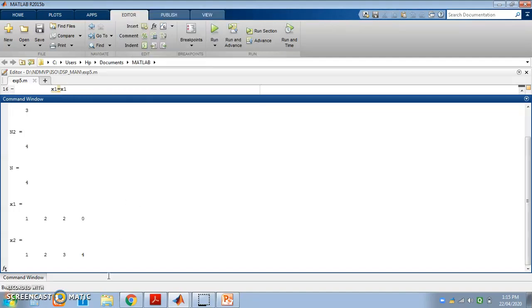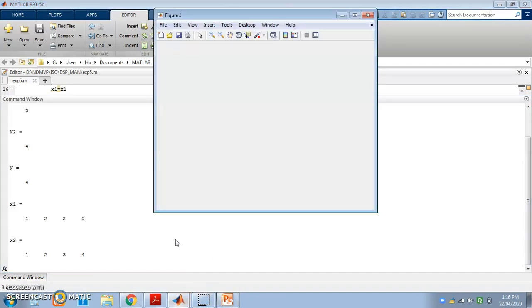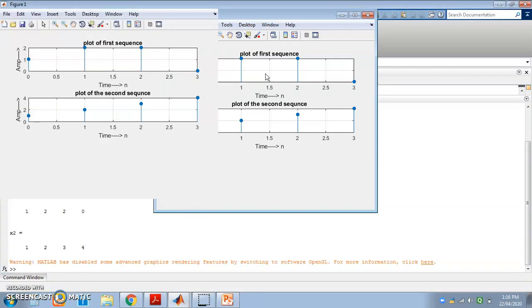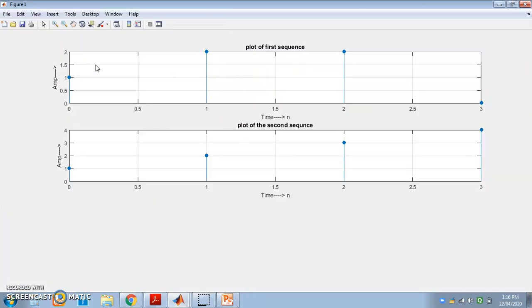The MATLAB compiler is busy, and once it is executed, I get the graph as shown in the figure. The first plot is for the first original sequence, 1 2 2 0, and the second sequence is 1 2 3 4. So we have entered the two sequences.